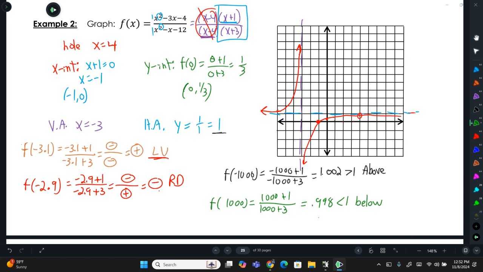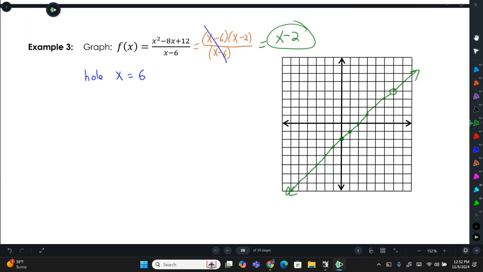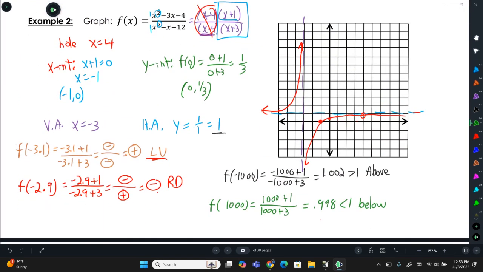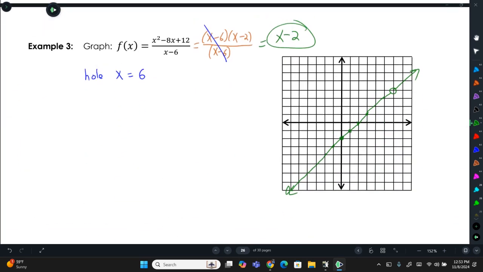So if you need to go back and review example 1, because some of your homework problems are like that, go ahead and do that. But I just wanted to show you how not to get lost in the weeds here and think that all of these functions are going to look like this rational function. This one just looks like a line because we were able to cancel things out.